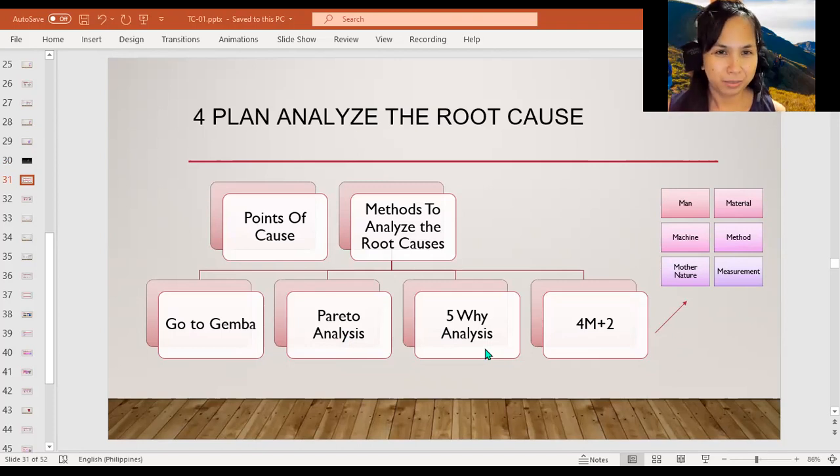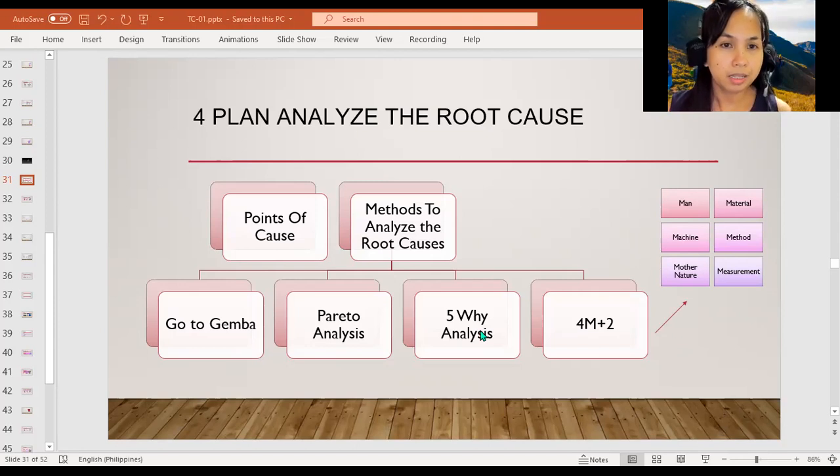Well, this one too will focus in on 5 why on a separate video. But one of the key points I'd like to emphasize at this point is that we must work to drill down with 5 why on the same point of cause. So in other words, we don't want to ask 5 whys on separate issues. And instead, we want to drill down on the same point of cause.